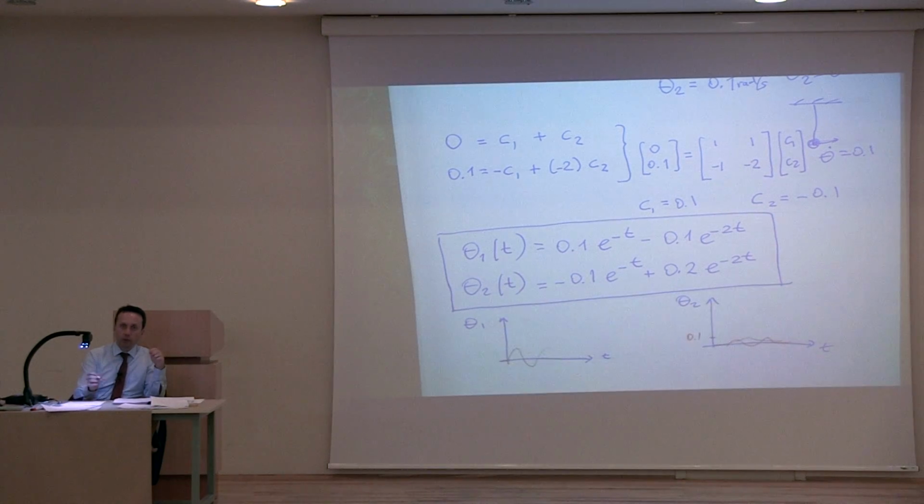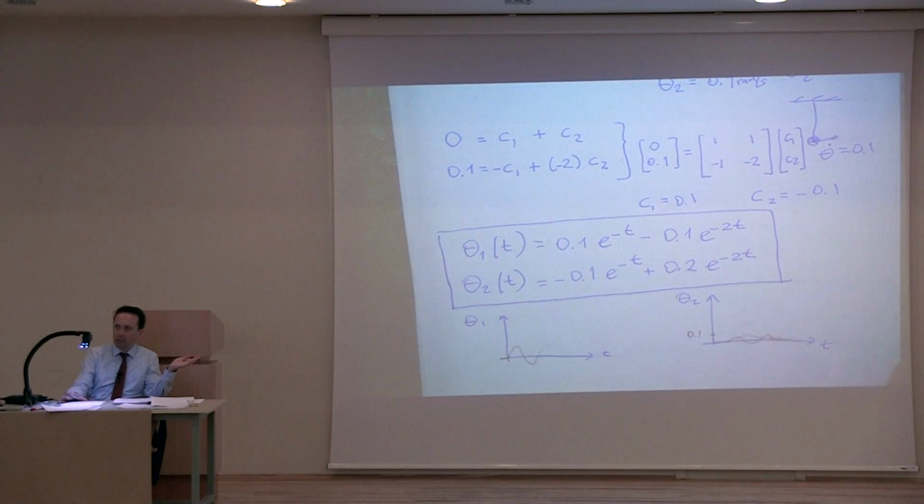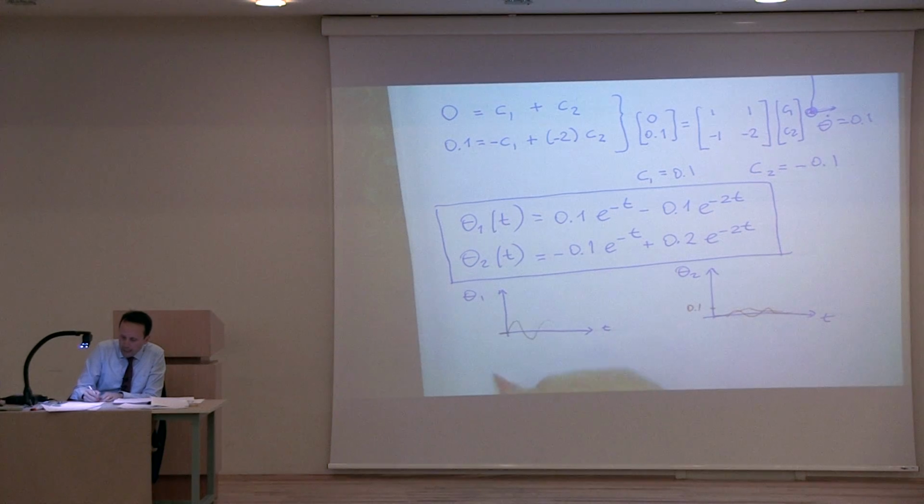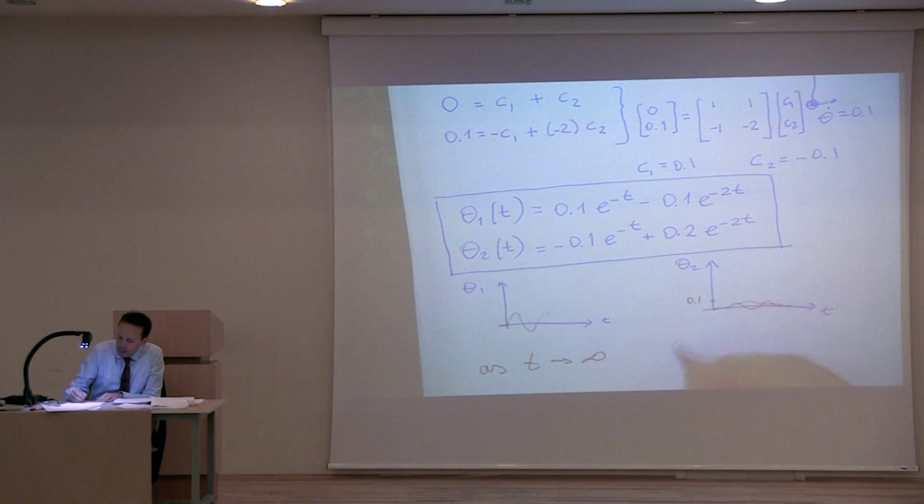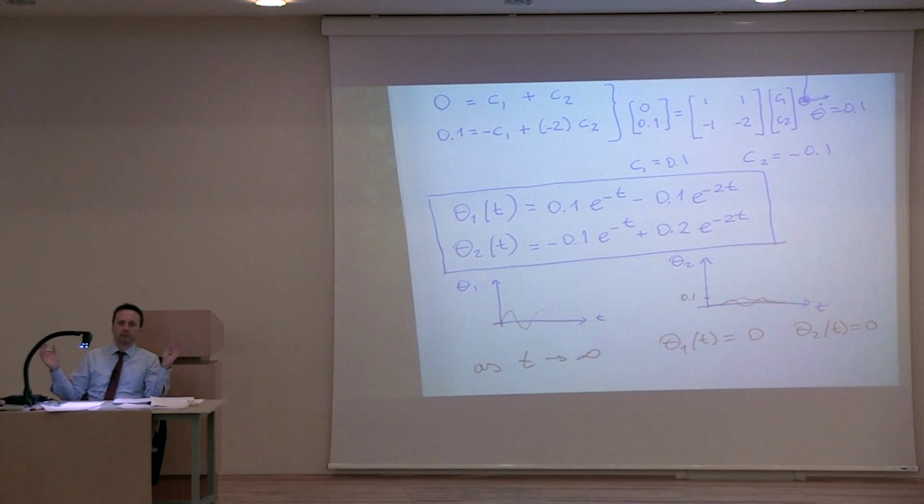Therefore, theta 1 and theta 2 will be equal to 0 as t goes to infinity. So as t goes to infinity, theta 1 of t will be equal to 0 and theta 2 of t will be equal to 0. Is that safe to say? Yes.